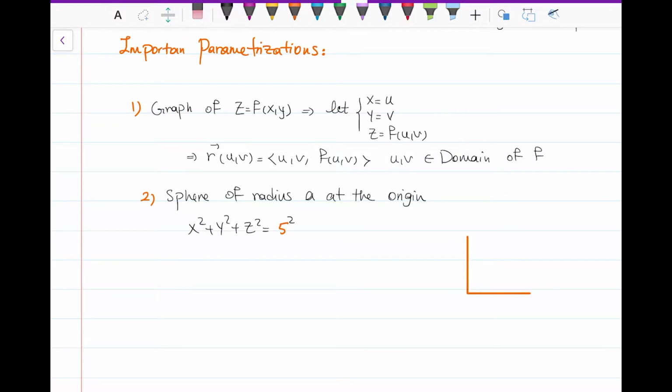If you don't know what spherical coordinates are, we're going to explain that. So this is the x-axis, y-axis, and then z-axis. Let me graph a sphere.